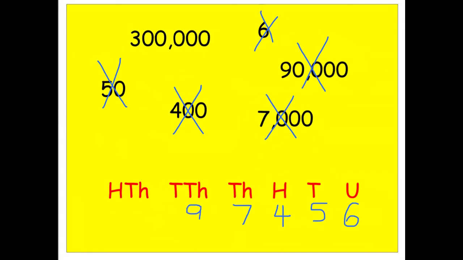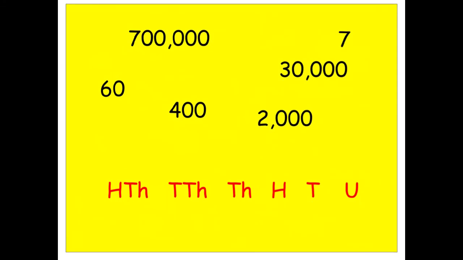There are 9 of them. And my final number, the biggest value on the screen, is my 300,000. So my 100,000, there's 3 of them. Put a little comma in between my thousands and hundreds, helps me read the number. So we have 397,456.